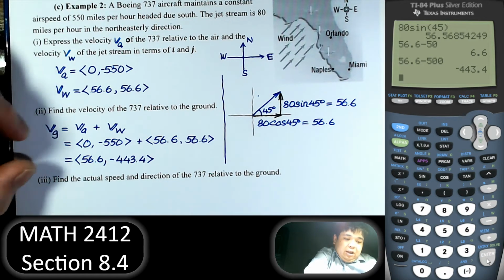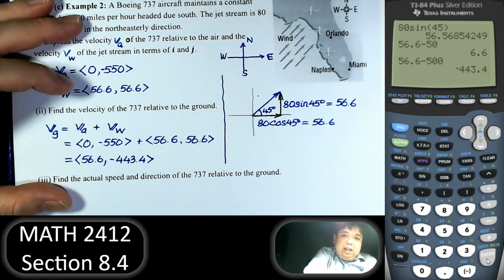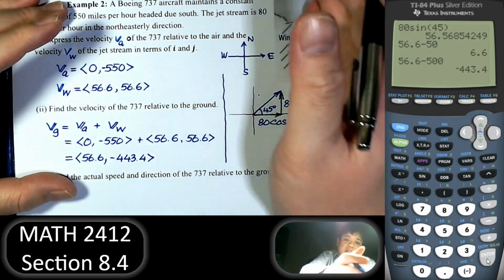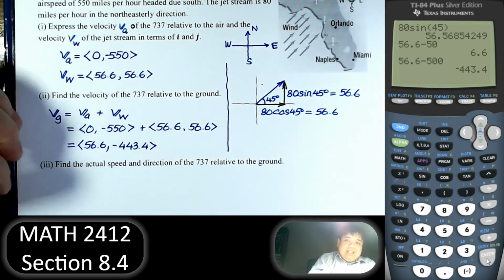Right. So that is the velocity with respect to the ground. So it's not going straight south anymore. It's just a little bit to the right, a little bit east.